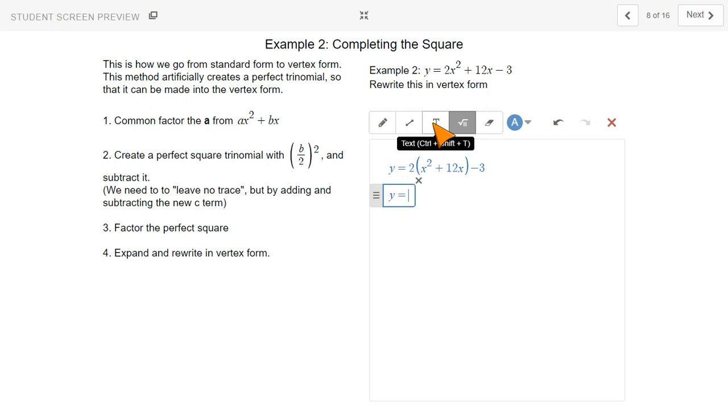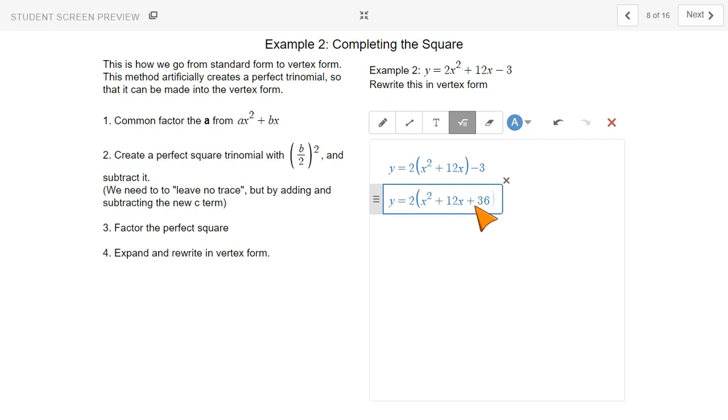Next, I'm going to introduce our c term. So I have x squared plus 12x. Take the middle term, divide it by 2, and square it. 12 divided by 2 is 6. 6 squared is 36.